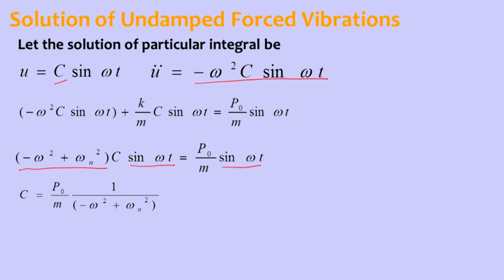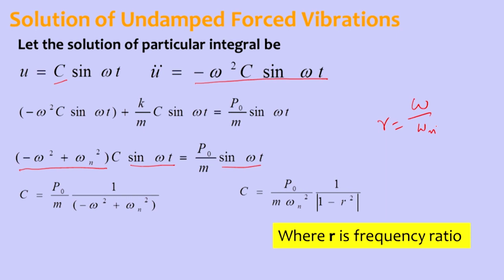Now if we rearrange these terms by taking omega n square common from the bracket, omega n square by omega n square is equal to 1, and omega square by omega n square is equal to r. So here we call r the frequency ratio, that is omega by omega n. Then the equation can be rearranged like this.